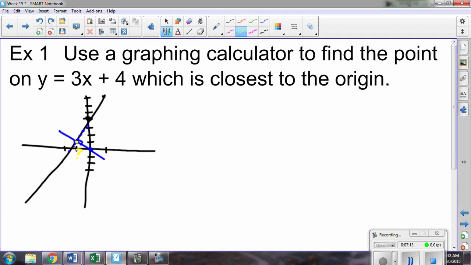Well, the main reason we grabbed the calculator is so we could think of this. If we want to have the closest distance, that means it's the smallest distance, which should let us know that we can use the minimum feature of our calculator. We just have to create an equation.